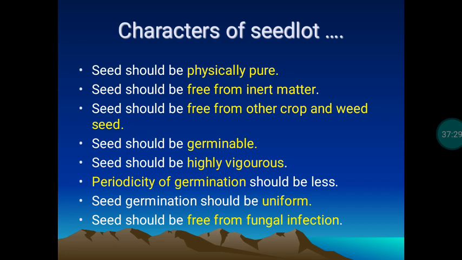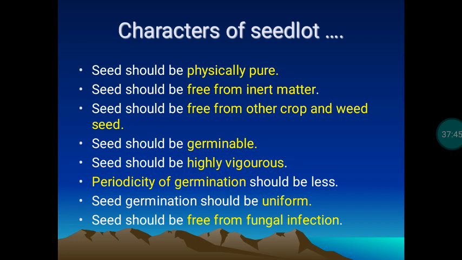Then the periodicity of germination should be less. That is the time taken to give rise to seedlings, the days to emergence. If emergence is early, it clearly indicates that the seed is totally devoid of any problem.